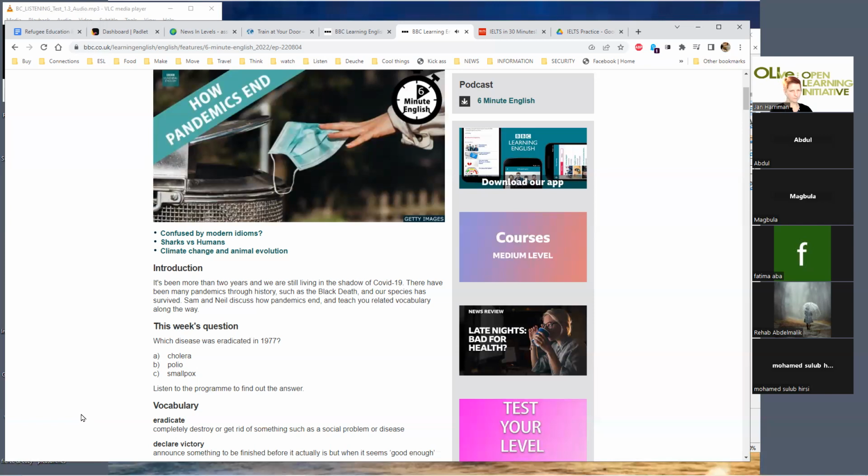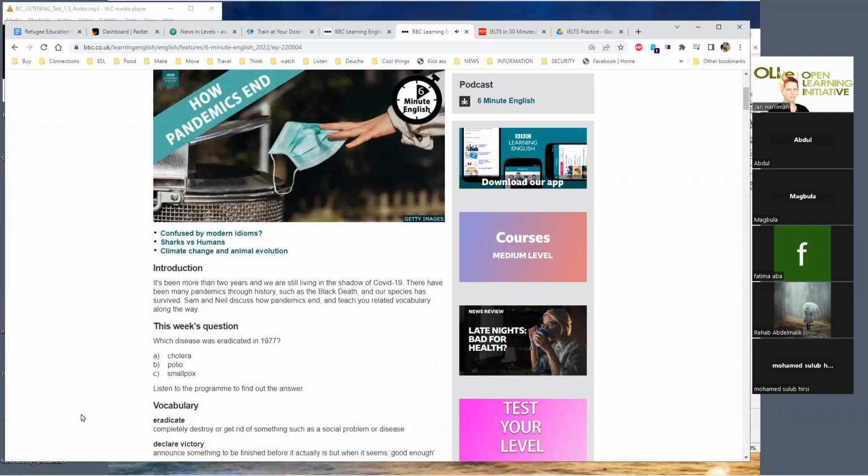I asked which disease was eradicated in 1977. Neil said it was smallpox, which was the correct answer. Well done, Neil. Smallpox no longer occurs naturally, but did you know that samples of smallpox do still exist, frozen in American and Soviet laboratories during the Cold War? As if the thought that the COVID pandemic might never end isn't scary enough.